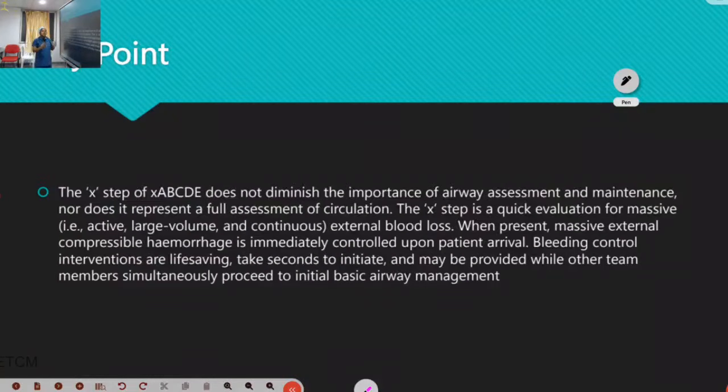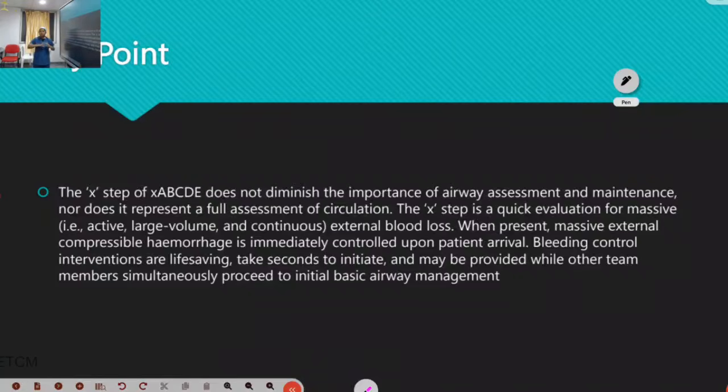So this is a key point or chapter summary. It says that the X parameter, which has been introduced in the ABC prior to airway management in the primary survey of the ATLS algorithm, does not waive off or trivialize the need for airway management.